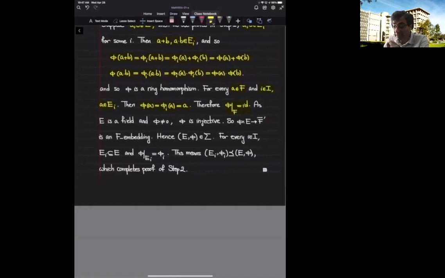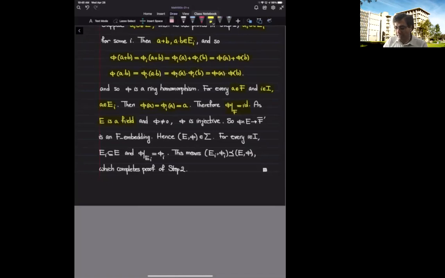Now, finally, we notice that because E is a field and the map that we have is not the zero map, it is at least identity when I restrict it to F, then the kernel of phi should be trivial. It should be just zero, because in a field, we have only two ideals, the zero ideal and the entire field.